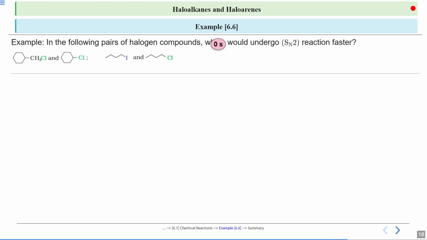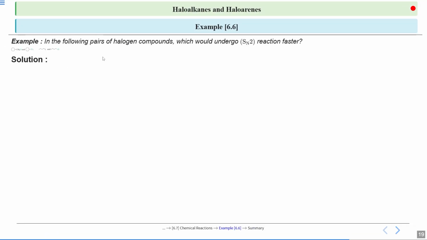Let's see. For this example, the rate of the SN2 reaction depends upon the steric hindrance. Remember, SN2 is a reaction which happens in a single step, right? Here there is a transition state forming, and the nucleophile is attacking the carbon from the opposite side of the carbon-halogen bond, right?